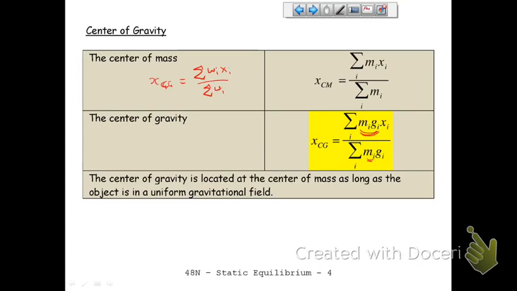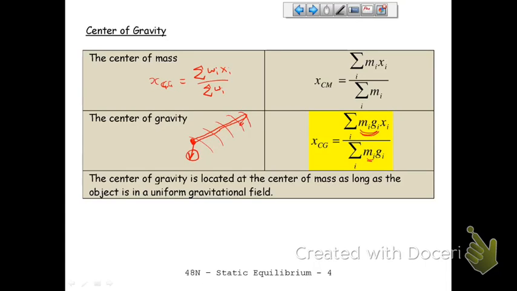If g is the same for every particle, this is a trivial problem, because it's just the same as the center of mass. It's when g is different for different particles. And when does that happen? It happens if I have a planet and a structure, and the structure is large compared with the planet. Because this end is close, there'll be a big weight on a given kilogram. Because this is far away, there'll be a smaller weight on a given kilogram, because the gravitational field is getting less and less.